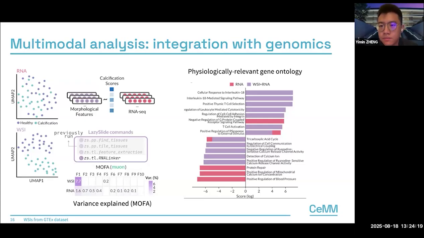As you can see, if we combine the information from the histology slide images, we can actually reveal much more specific pathways, for example, the cellular response to interleukin-18, a pathway specific to the calcification process, compared to RNA alone, which gives quite general pathways. So I hope you can appreciate how histology slide images can add value to your genomic analysis.